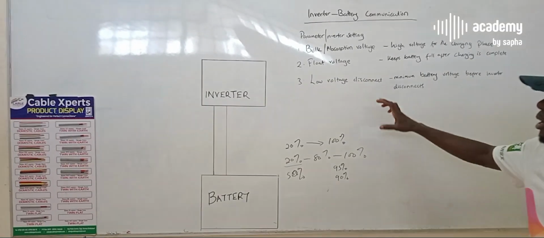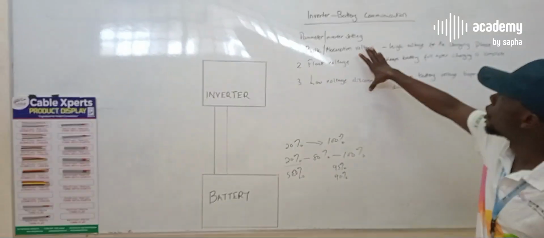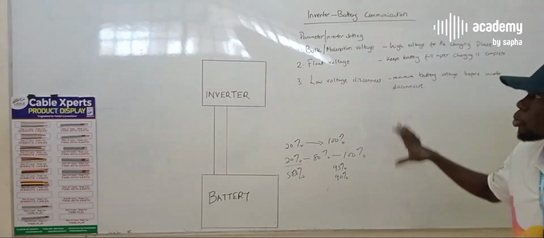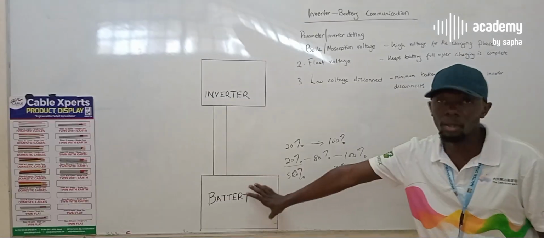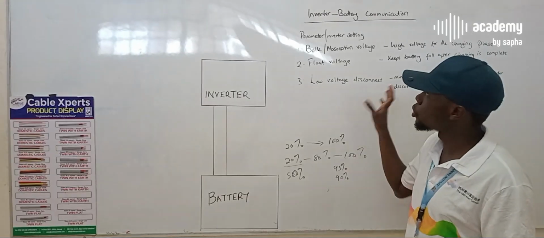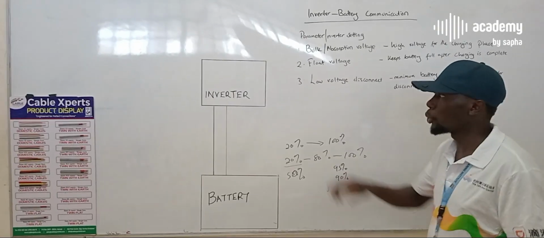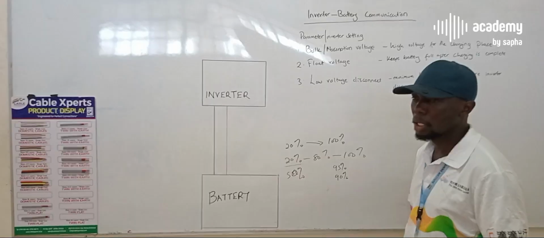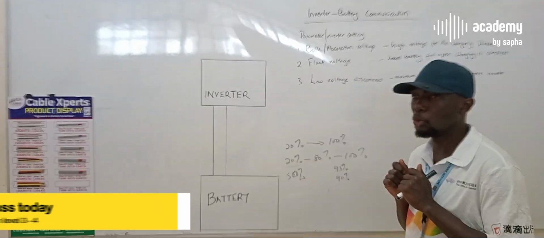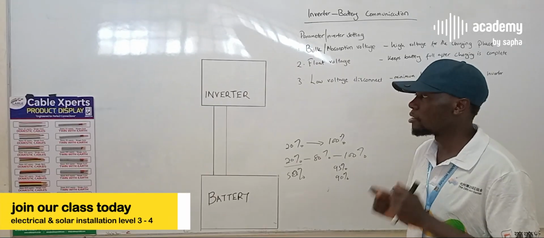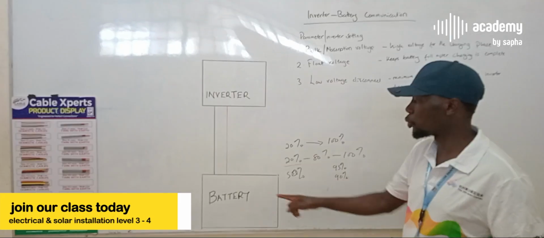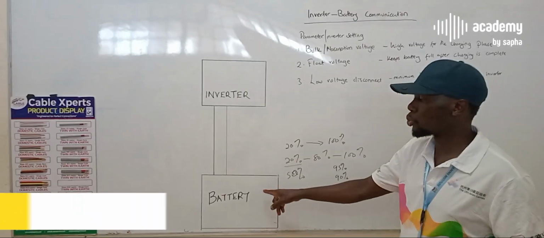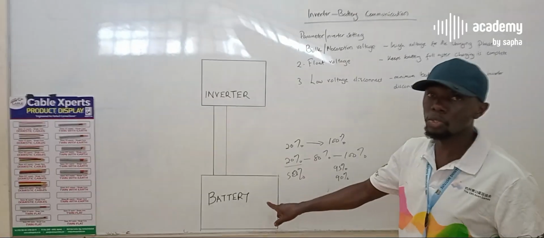So that is just a brief introduction to charging profiles, and we can also look at it deeply depending on the battery category. And it's essential to know this because when you are linking your inverter to your battery, always ensure that you find an inverter that has got provisions for you to determine what battery it's going to charge.